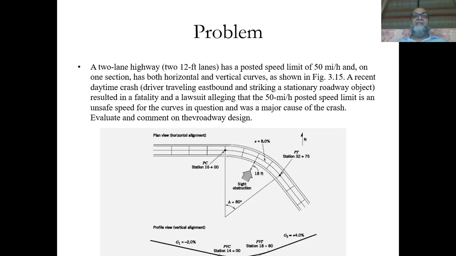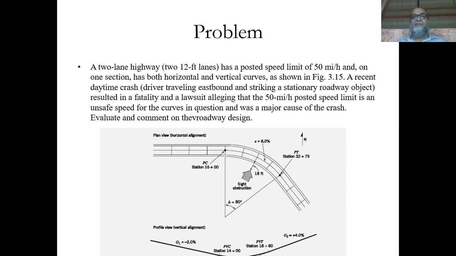A recent daytime accident resulted in a fatality, and a lawsuit against the department has been filed, alleging that this posted speed is an unsafe speed that should not have been posted. The driver was careless and confident that 50 miles per hour is adequate, but unfortunately that doesn't hold, and this is the design fault.